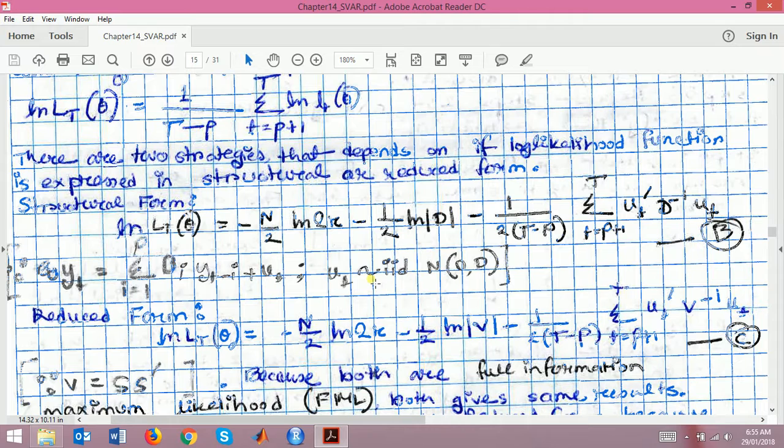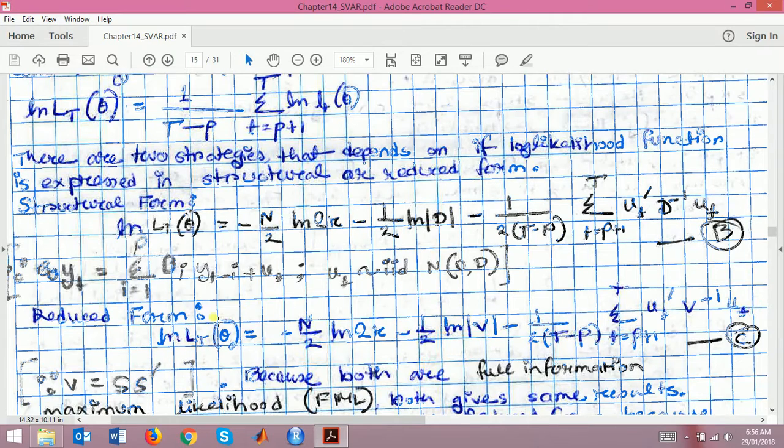In terms of reduced form representation, we use omega, which is u transpose divided by D by default. So the reduced form is simply minus half log 2 pi minus half log determinant of V, just like before, or omega, minus 1 by 2, sum from t equals p plus 1, v transpose omega inverse v.